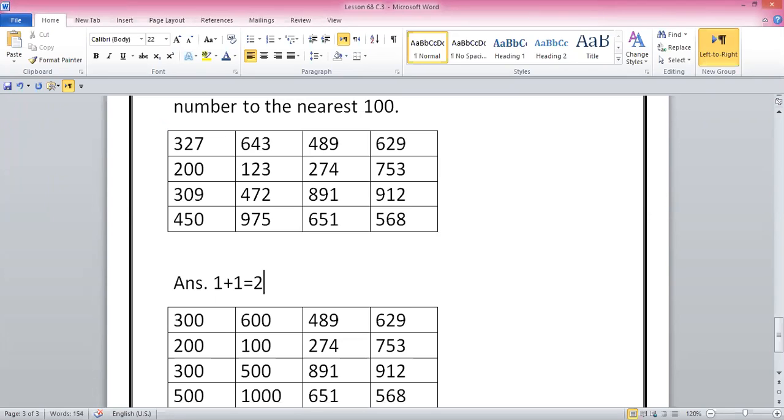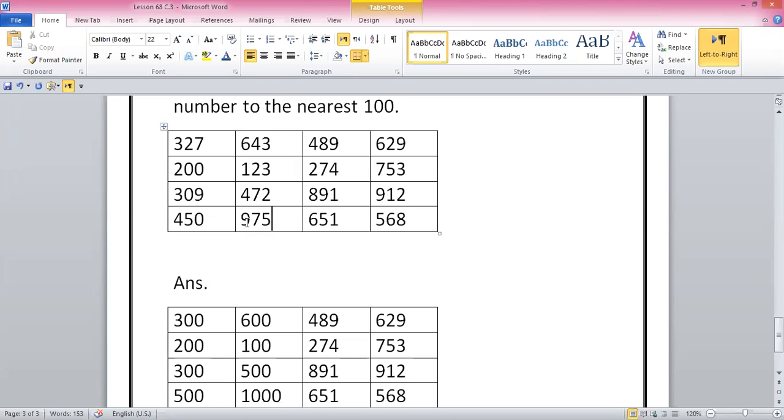Your concept is clear about addition, so you have no doubt. If your concept is clear, then you should be sure of your answers. So those who changed their answers from 1000 to 980 were not sure. You have to be sure of your answer, guys.